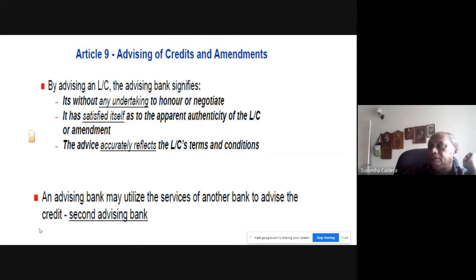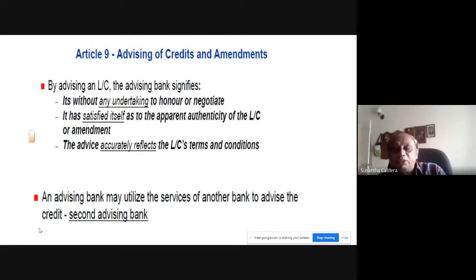Now, in most cases, sometimes the customer, the beneficiary, has his account with some other bank, but we are advising the LC through HSBC or Standard Chartered Bank, international banks.